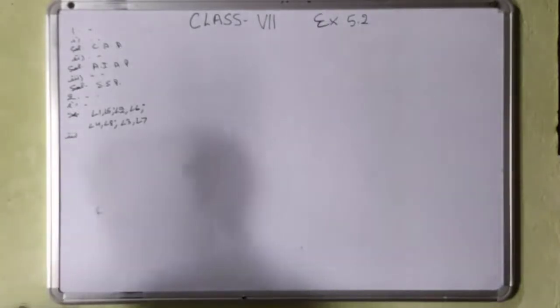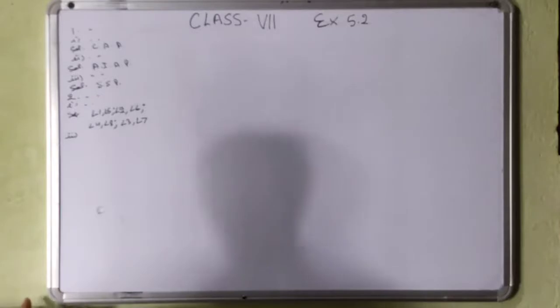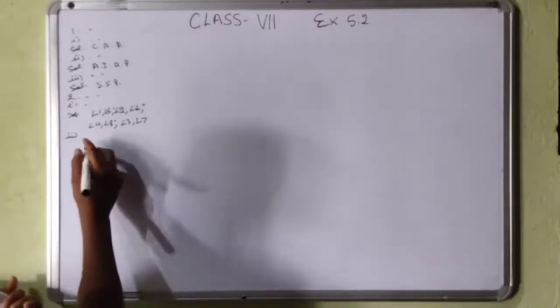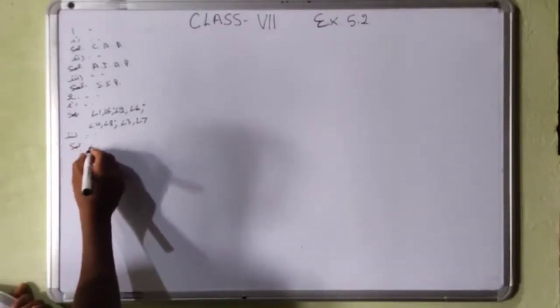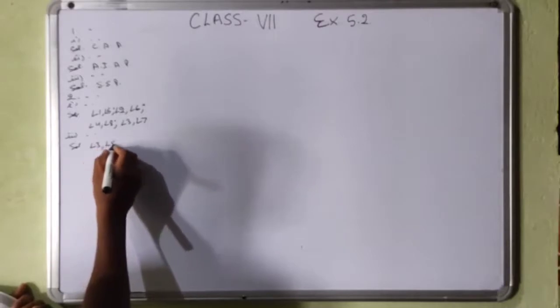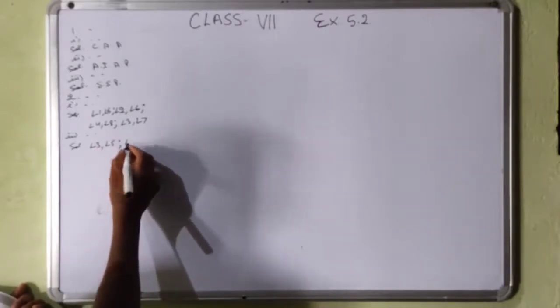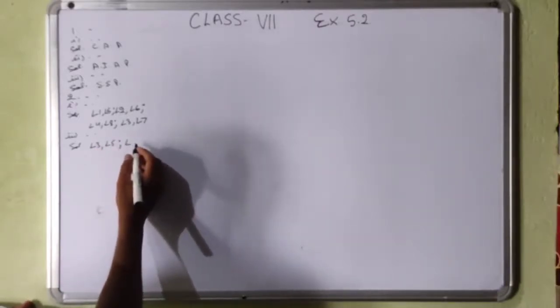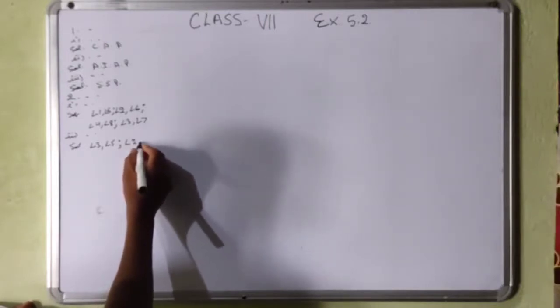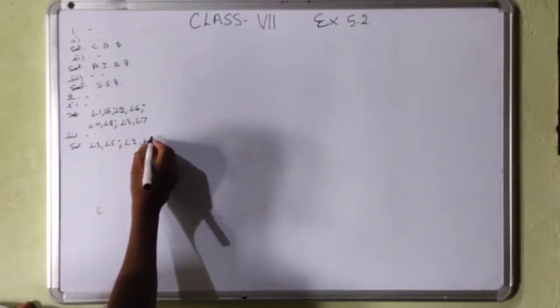Second part, the pairs of alternate interior angles: angle 3 and angle 5, angle 2 and angle 8.